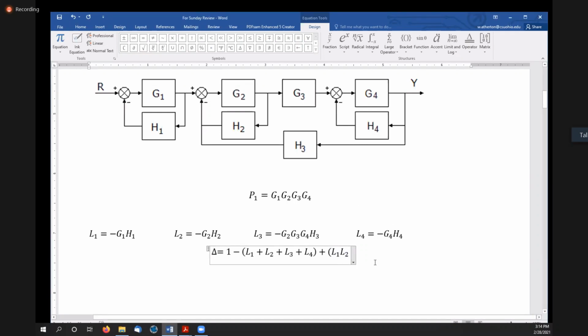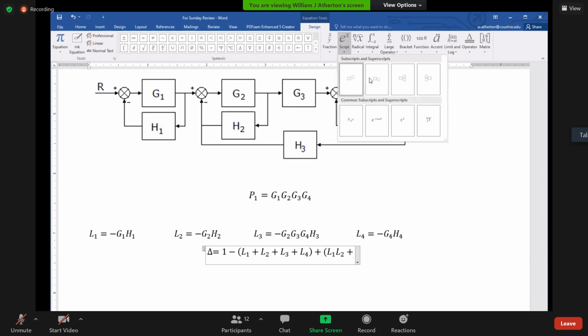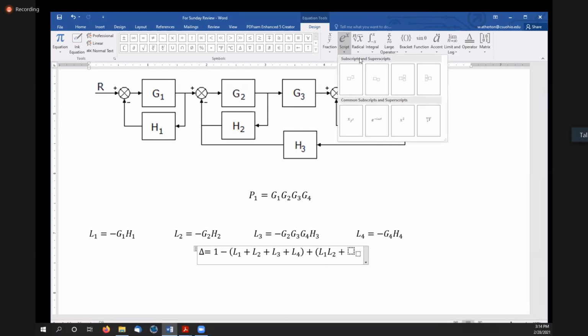And I've got loop 1 does not touch loop 3. So I've got L1 and L3.